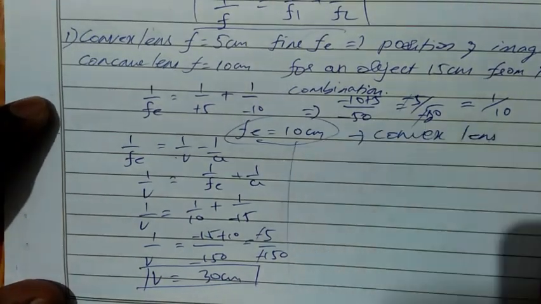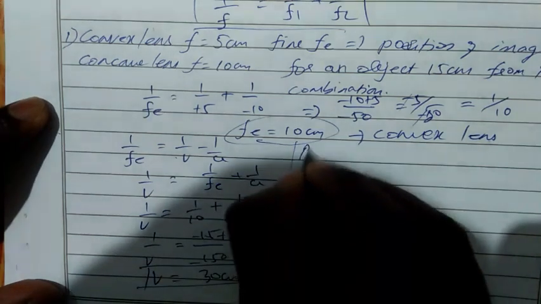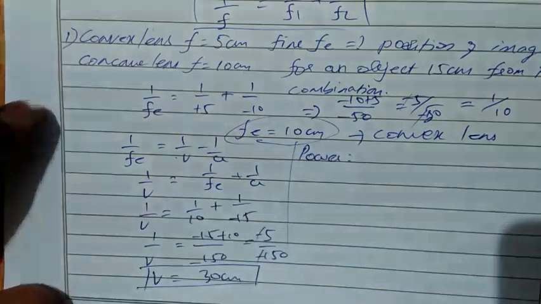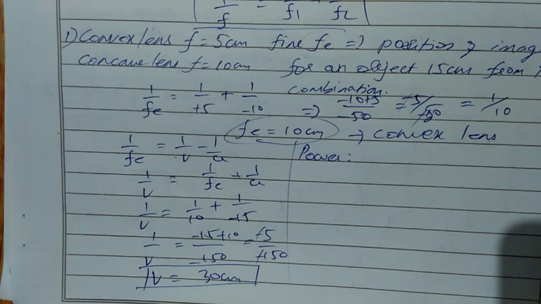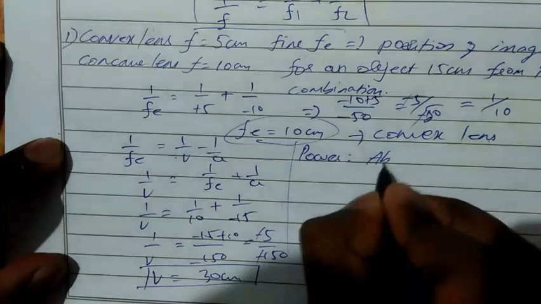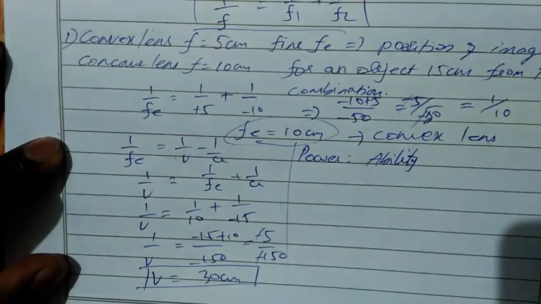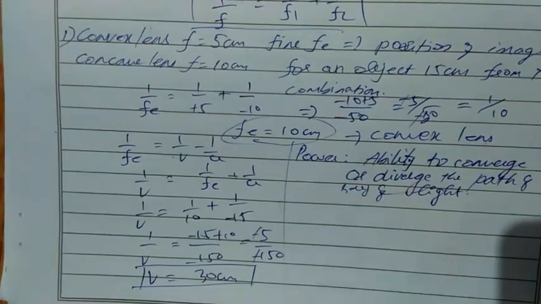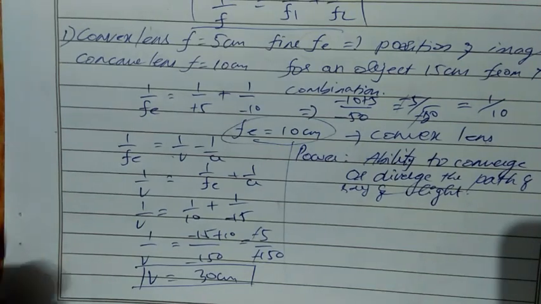In the final topic of this chapter, power. In specs, we use the word power. If power is gone, then we have to change our lens, our specs. So what is power? Power is the ability to converge or diverge the path of rays of light.